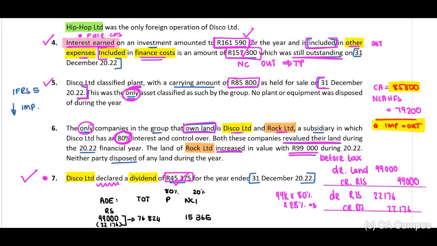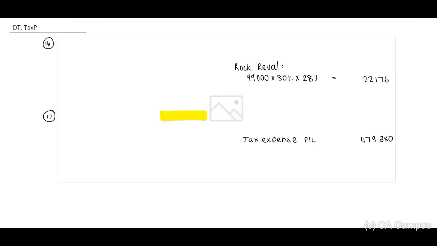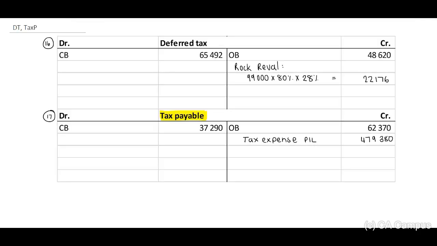The deferred tax, when you look at the right side, will be an amount of 22,176. Right, okay, now bear with me. We need to include this in our deferred tax. Therefore, when you look at our deferred tax of ROC on the credit side, 22,176, right?